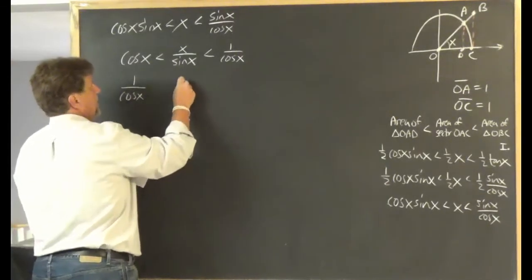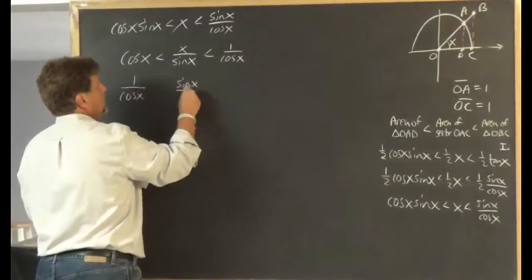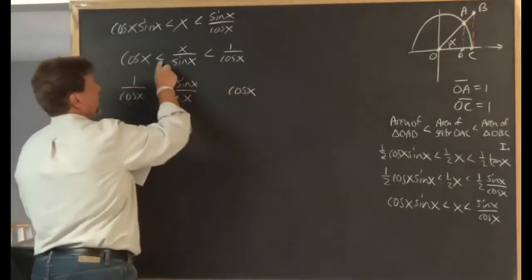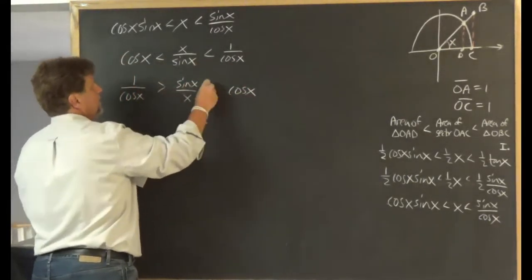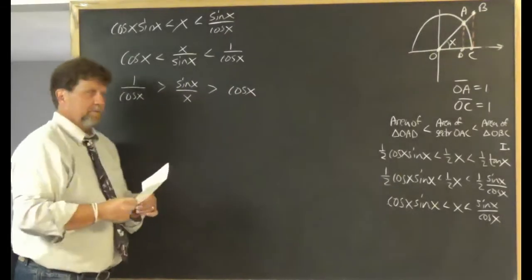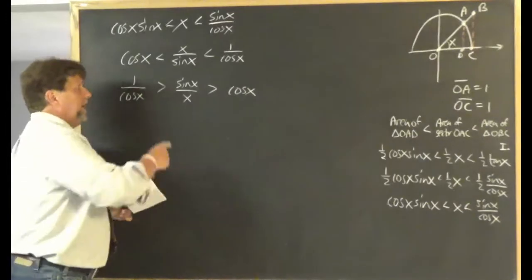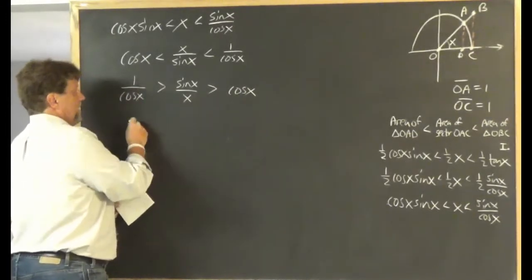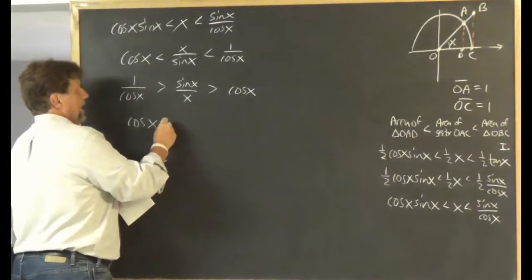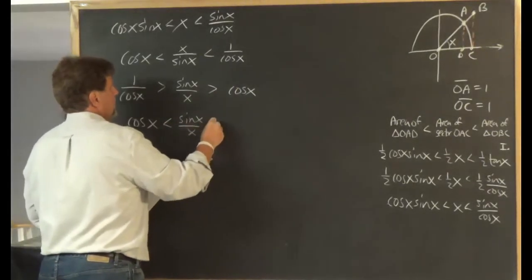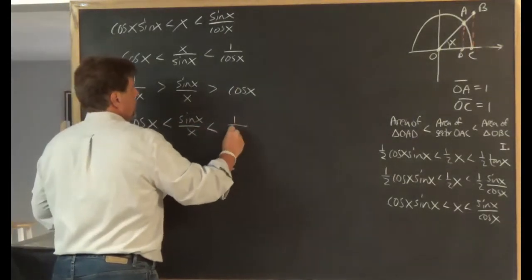I reciprocate the middle piece, and I reciprocate this piece, and then I have to flip those signs. Now I can rewrite this compound inequality as cosine x less than sine x over x less than 1 over cosine x.